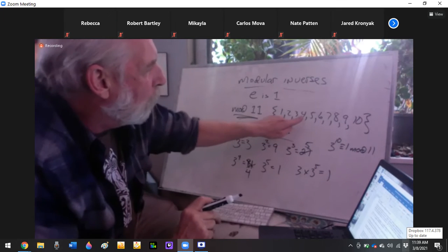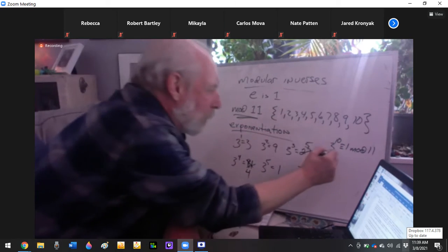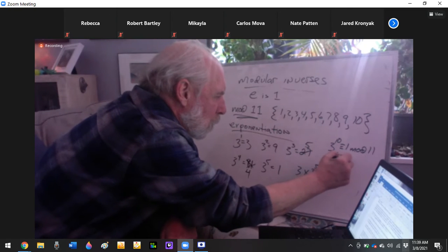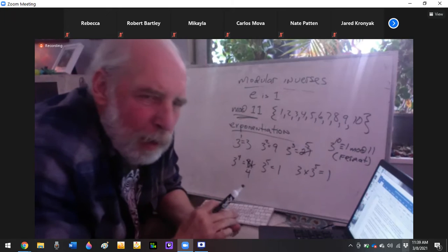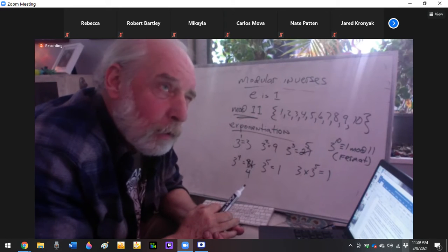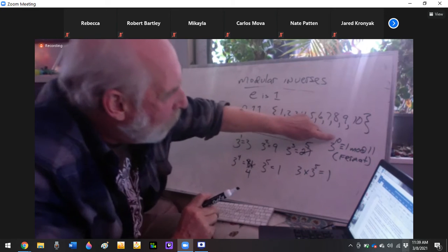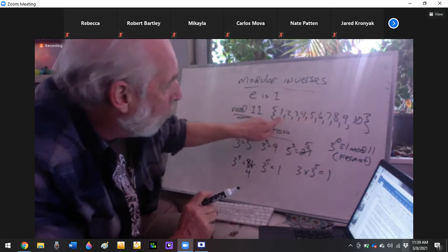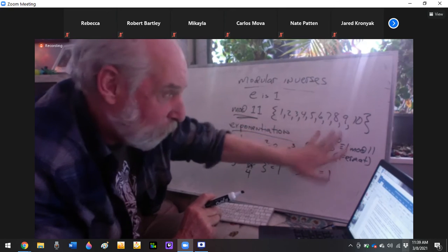So 3 to the 5th gives me 1, and 3 to the 10th gives me 1. That's Fermat's little theorem I talked about, I think last time. 11 is prime. 10 is 1 less than 11. So any of these numbers to the 10th power give me 1 mod 11 because of Fermat.